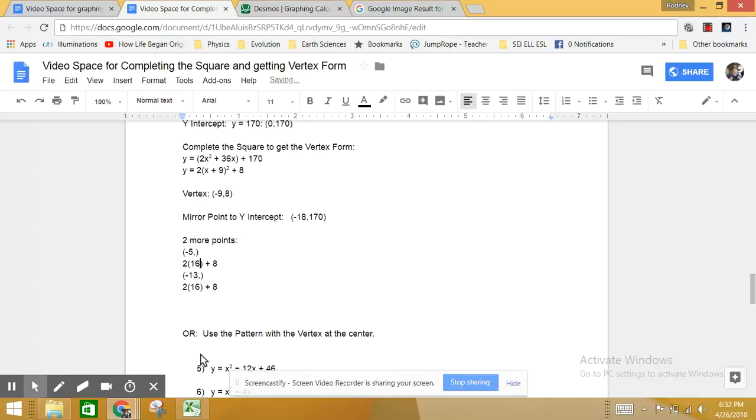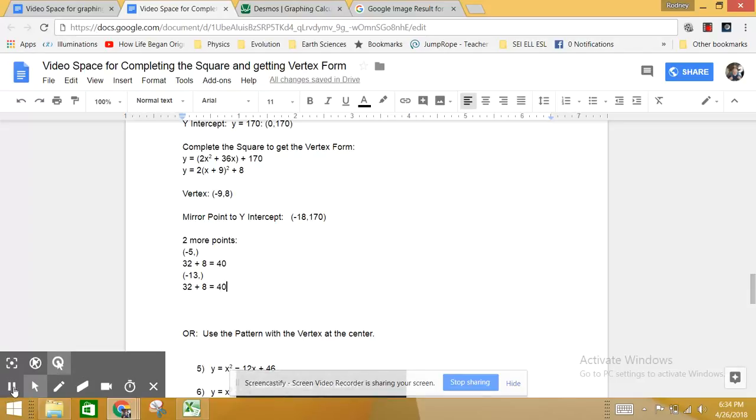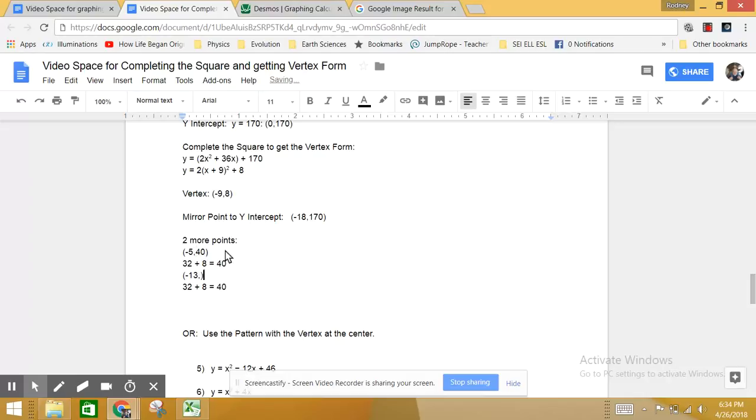So I get 2 times 16 here, 2 times 16 there. And that's just going to become 32 and 32. And 32 plus 8 equals 40. And it still equals 40 here. Okay, this tells me I have points at (-5, 40) and (-13, 40).